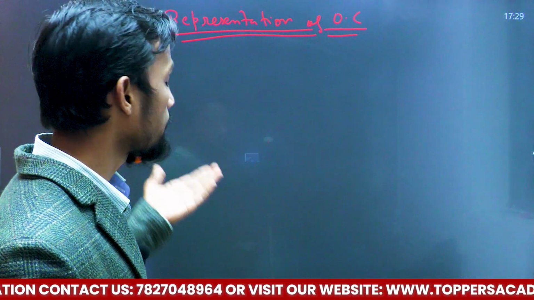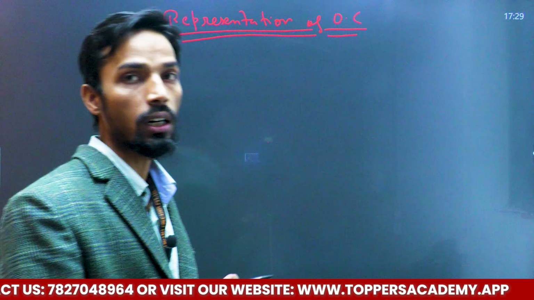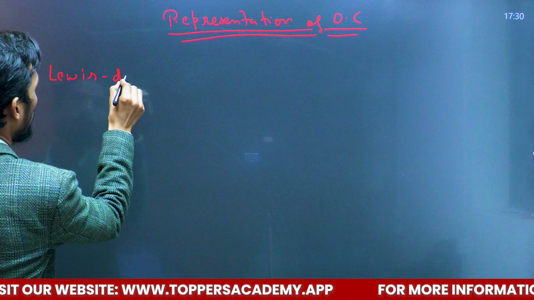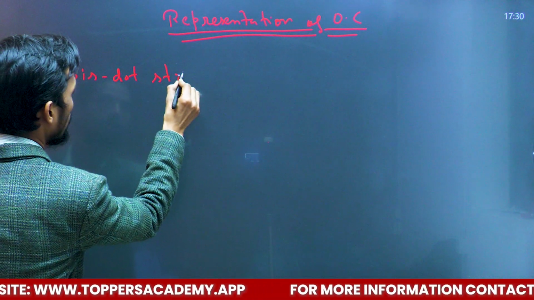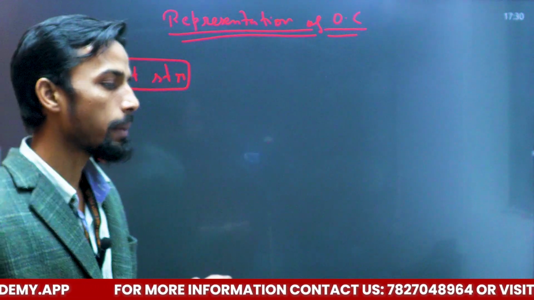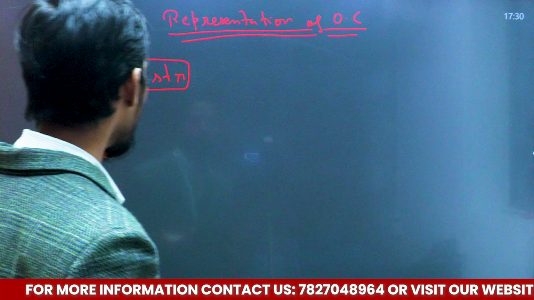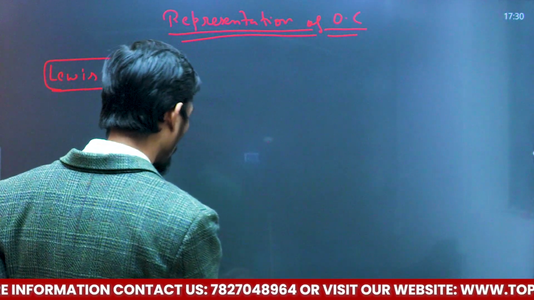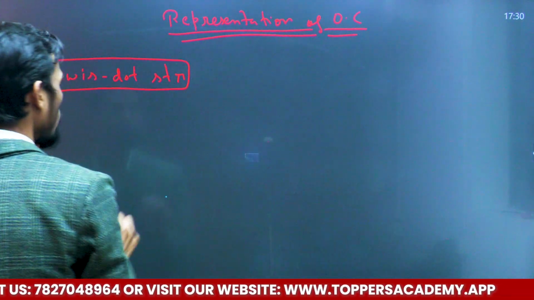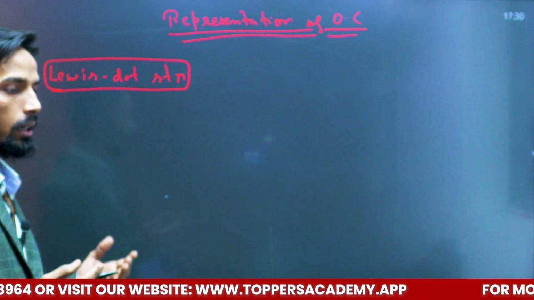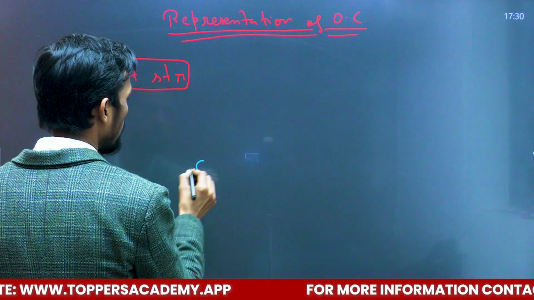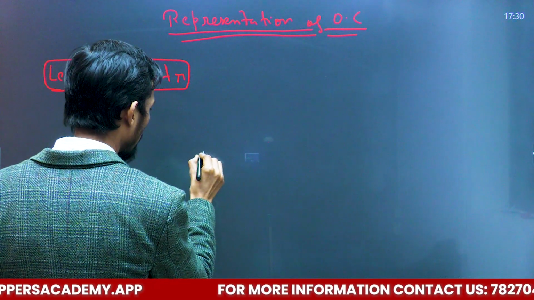In inorganic chemistry also you might have studied the Lewis structure, or Lewis dot structure. A simple organic compound can be quite easily represented by a Lewis dot structure. If you have a compound like methane, it is composed of carbon with 4 electrons.